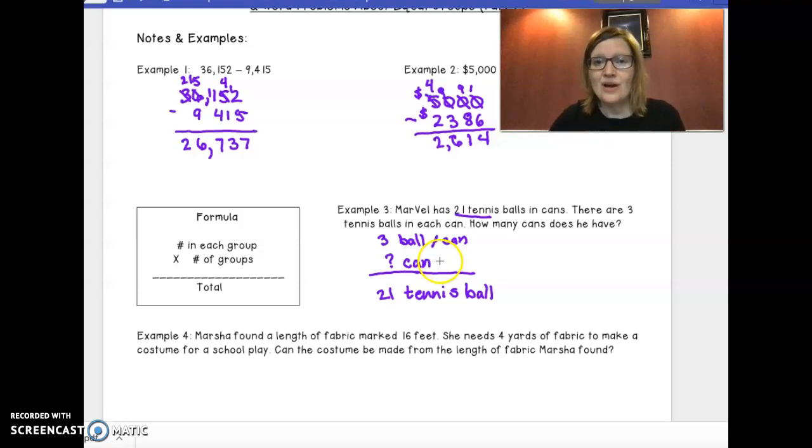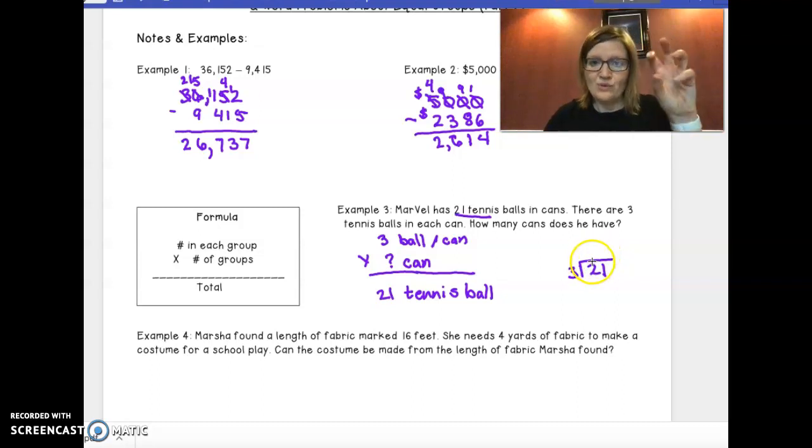If we have 21 tennis balls, we can go backwards and we can do one of two things. We can say 3 times what equals 21, or we can do the inverse operation and say 21 divided by 3 is what?